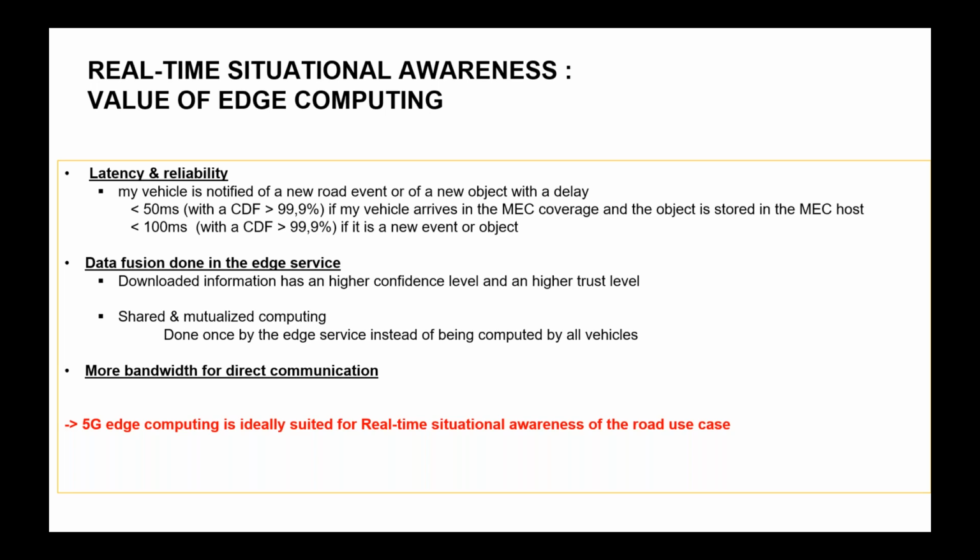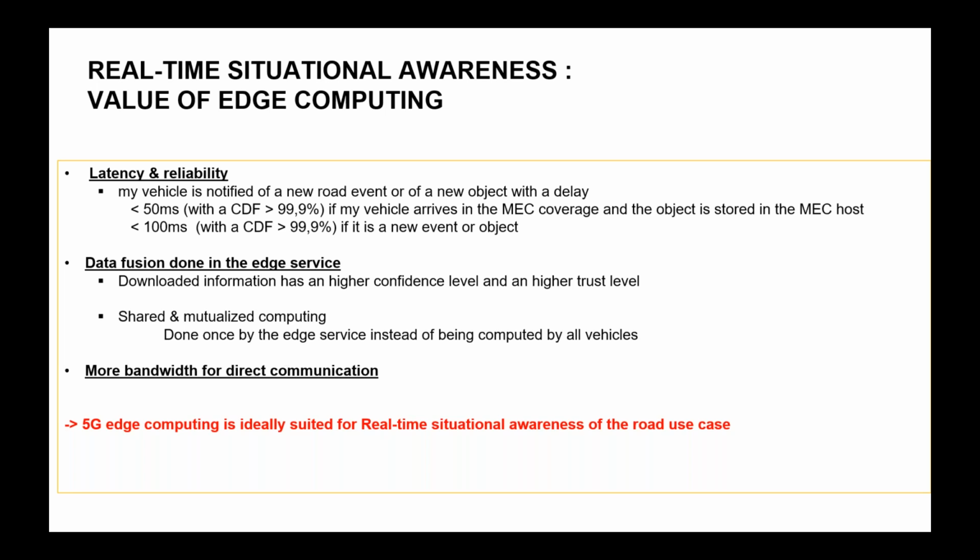And the second advantage is you can think about each vehicle building, in a decentralized and distributed manner, their own electronic horizon on board. But this will be less efficient. This will not be as accurate and as safe as when it is done by the edge computer.